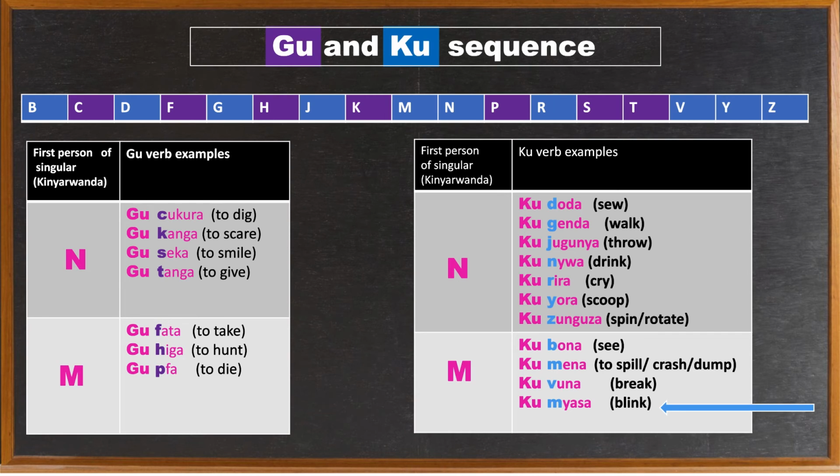However, when a ku verb starts with b or va or ma, yeah, ma, we already mentioned that, I just repeated it, the first person singular subject pronoun will turn from n to m.